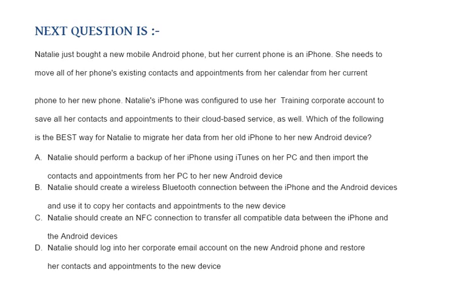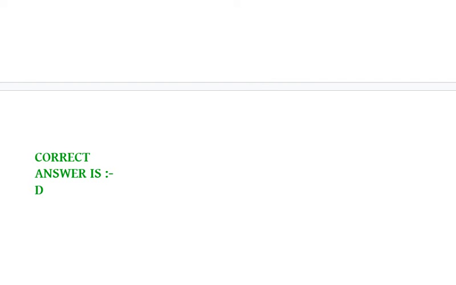Option C. Natalia should create an NFC connection to transfer all compatible data between the iPhone and the Android device. Option D. Natalia should log into her corporate email account on the new Android phone and restore her contacts and appointments to the new device. Correct answer is option B.